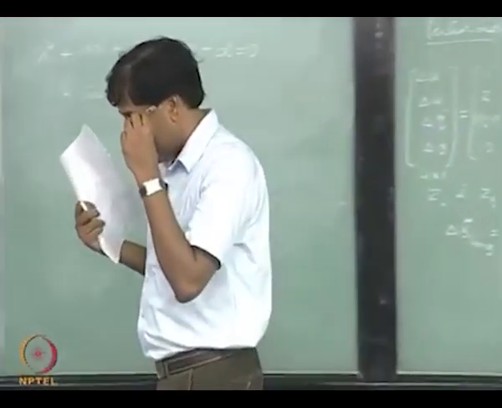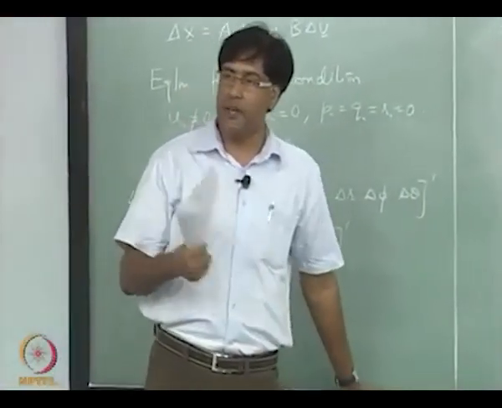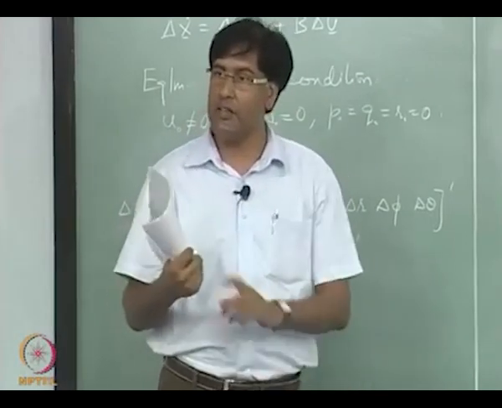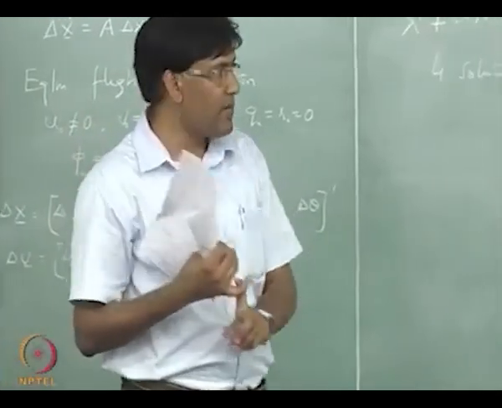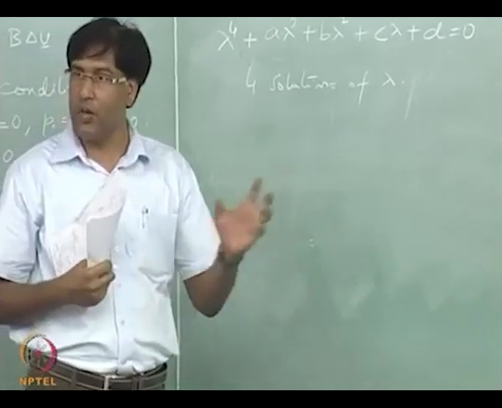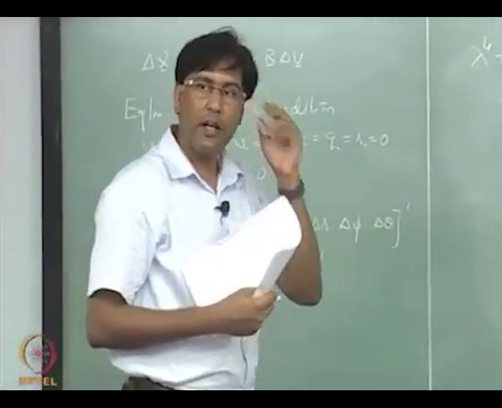If I can arrive at simple functions where I can see which parameter of aircraft is affecting which eigenvalue, then I will understand which parameter is going to play a role in which dynamics, right.